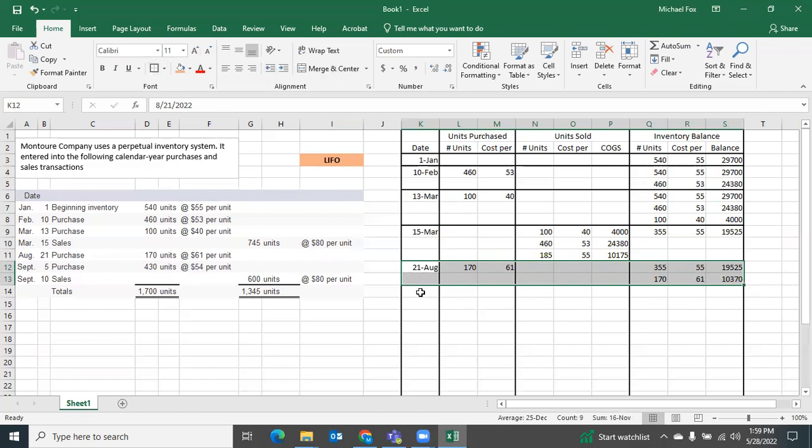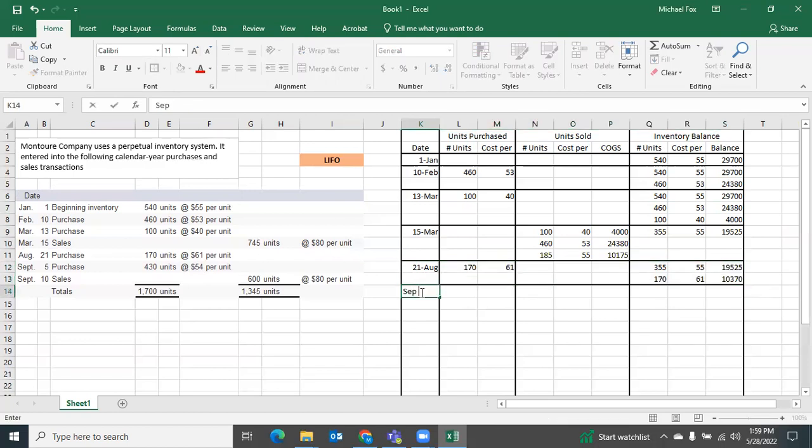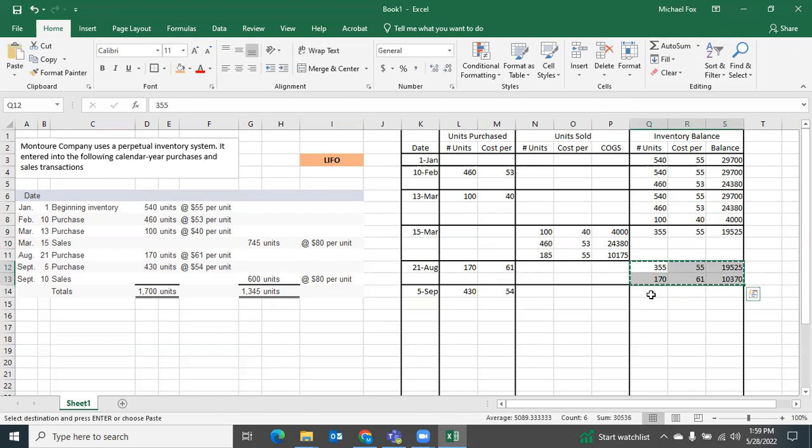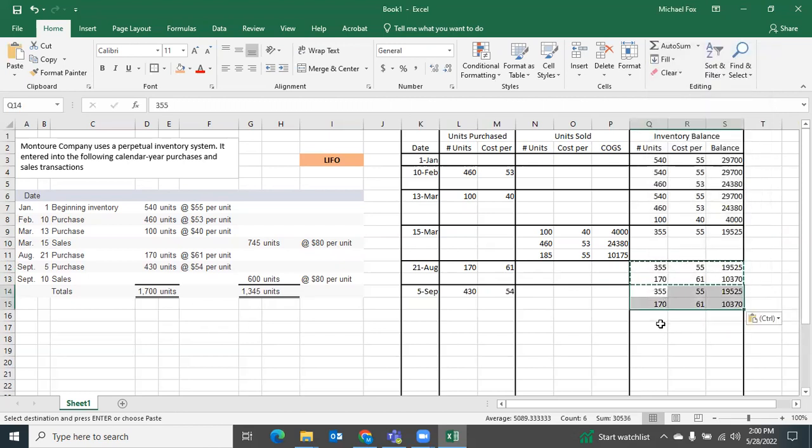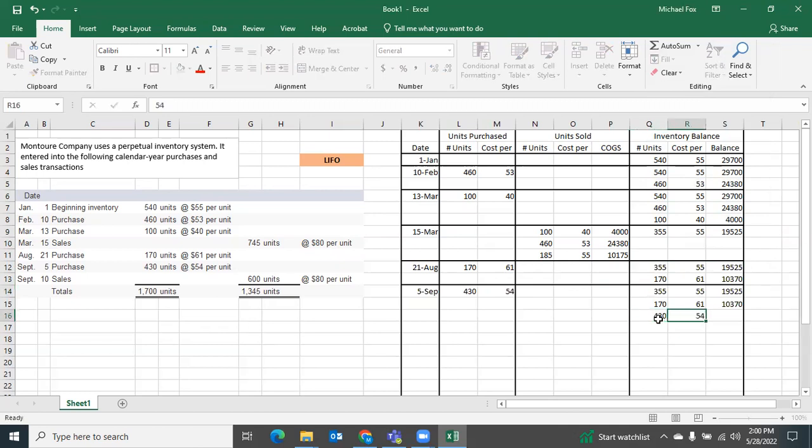And then on September 5th, they had a purchase of 430 units at a cost of $54 per unit. So now their inventory will sit at the units they had plus the ones they purchased.